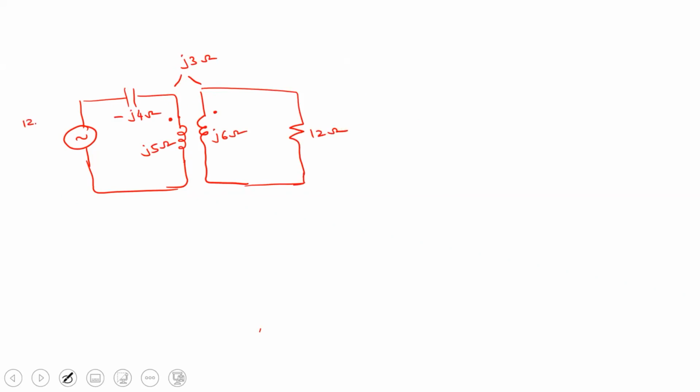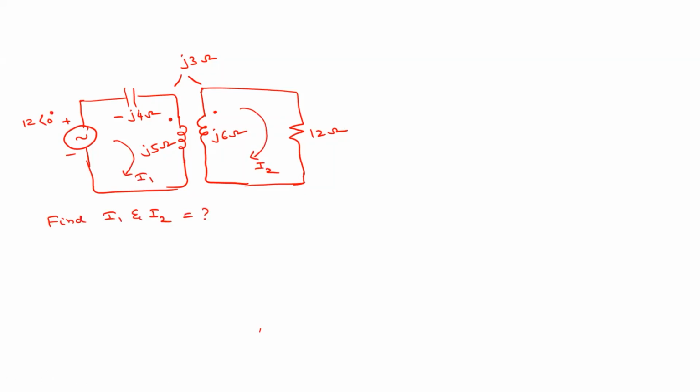The source voltage is 12 at an angle of 0 degrees, with positive and negative terminals here. In this particular circuit, if we assume this is I1 phasor and this is I2 phasor, find I1 and I2. Clear? So this is the problem.